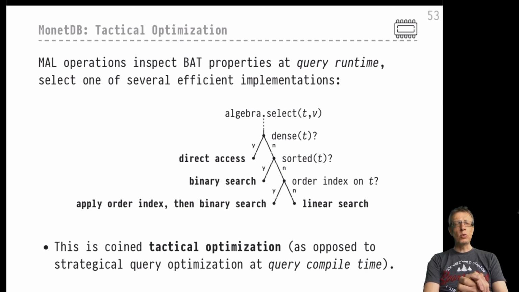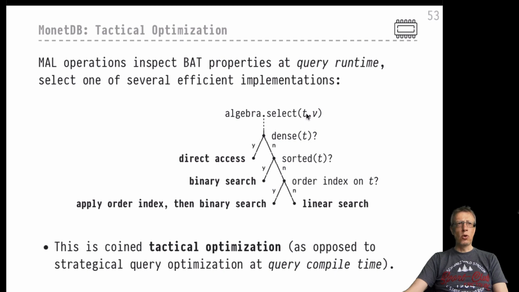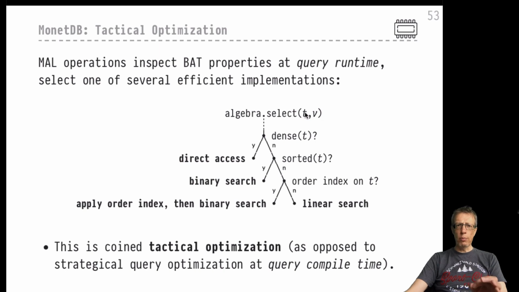All right, so what we've seen here is optimization at runtime. When this particular algebra select is to be executed, at this point in time, I will look at the properties of BAT T. This optimization mode in MonetDB is called tactical optimization. It's performed on demand at runtime, at the very latest, when I know about the properties of BAT T, or at least all the properties that MonetDB has bothered to infer.